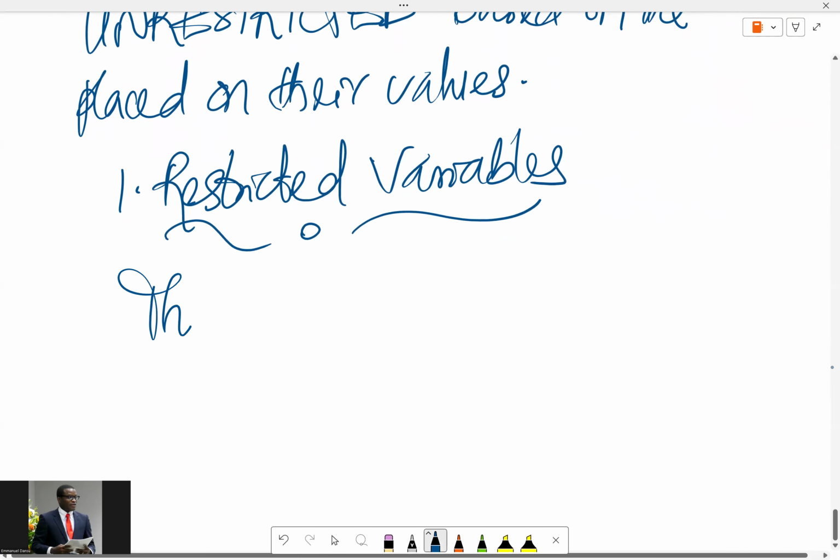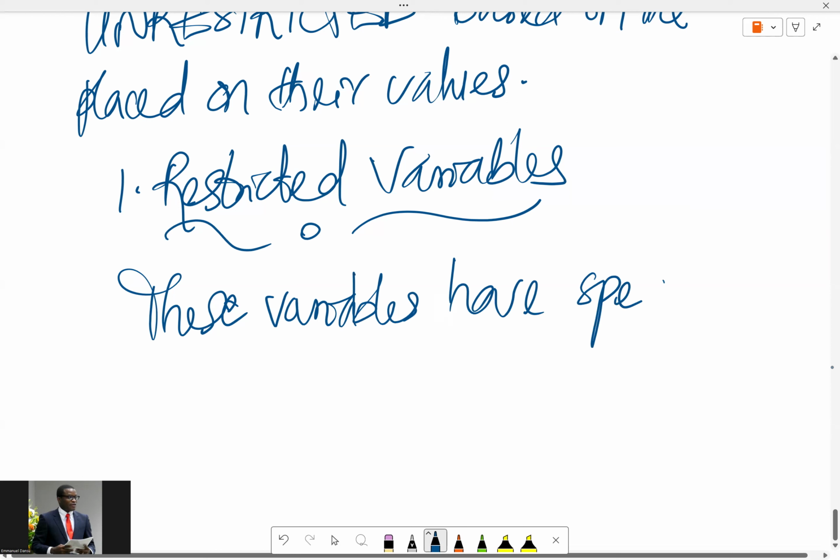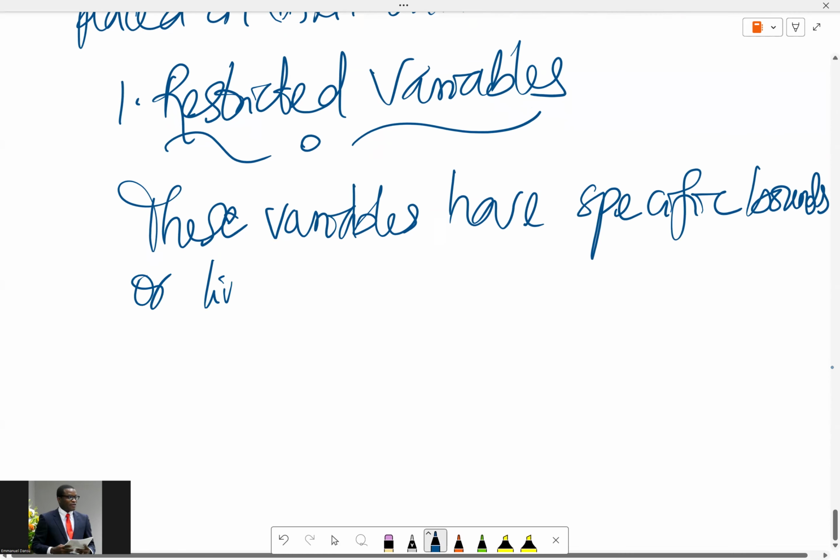These variables have specific bounds or limitations on their values.